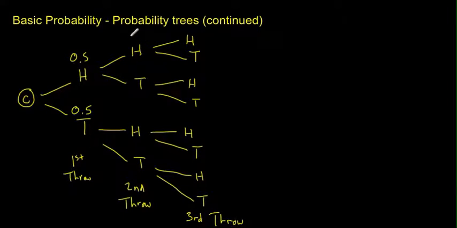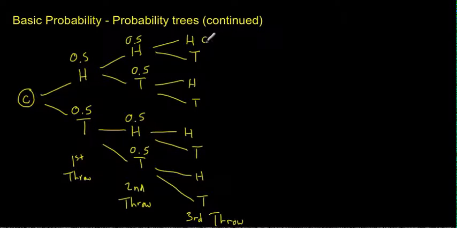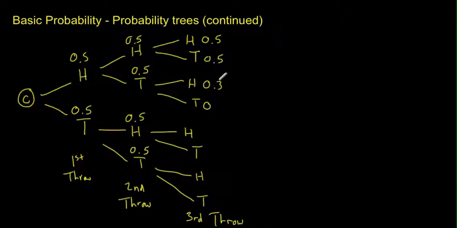It is still going to be 0.5 and 0.5 for each of these possible outcomes. And it would still be 0.5 for each of these possible outcomes in a third throw of the same coin. All right?